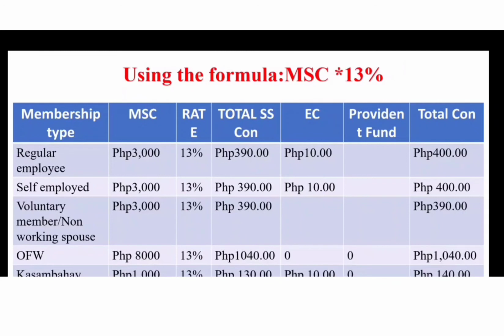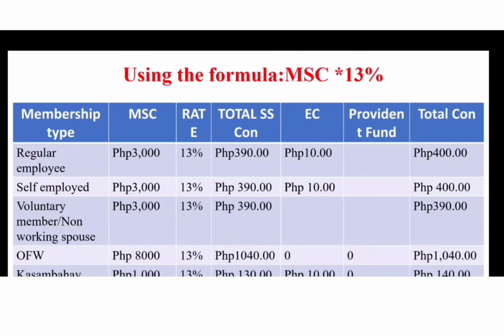So, for example, sa MSC of 3,000, ang magiging total contribution ni regular employee will be 400. So, ang ginawa natin, yung 3,000 minultiply natin ng 13% para lumabas yung 390 pesos. Ito yung total SS contribution. Tapos, idagdag natin yung EC na 10 pesos. It will arrive to 400 pesos.